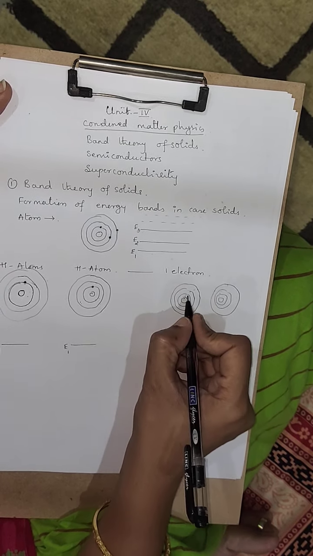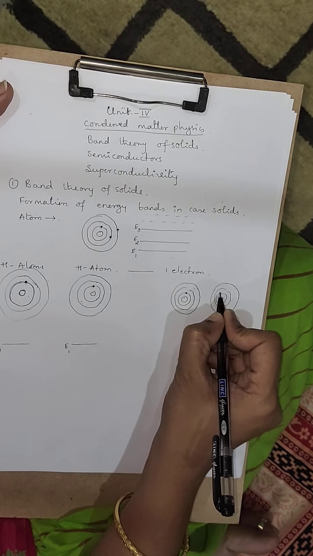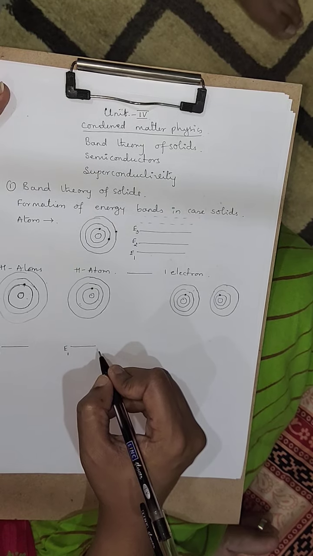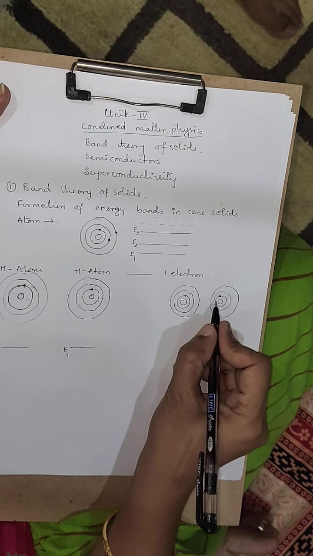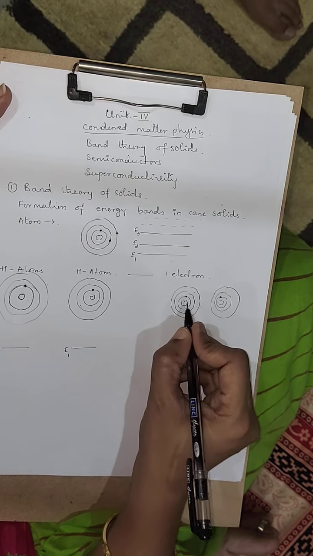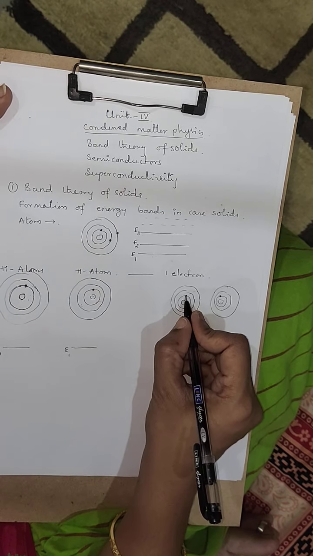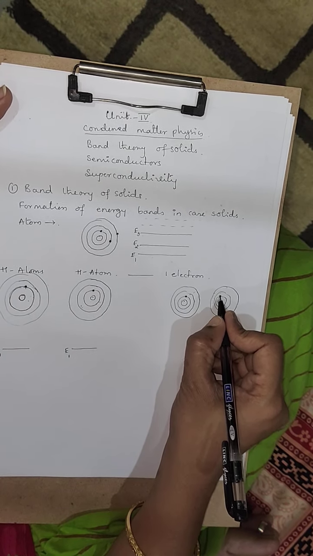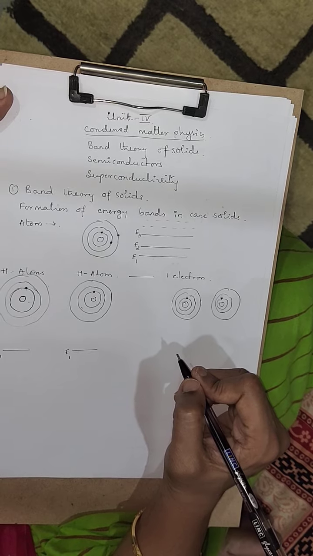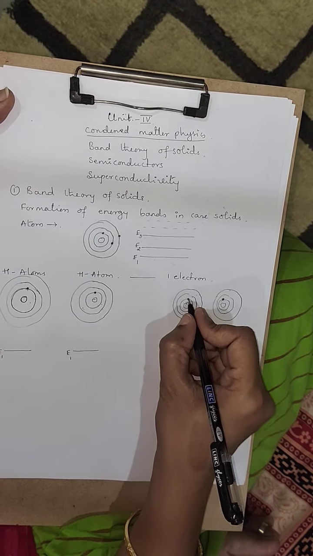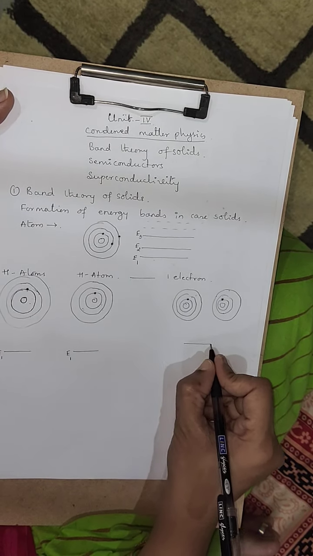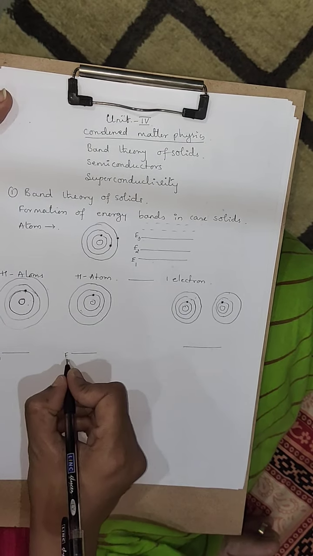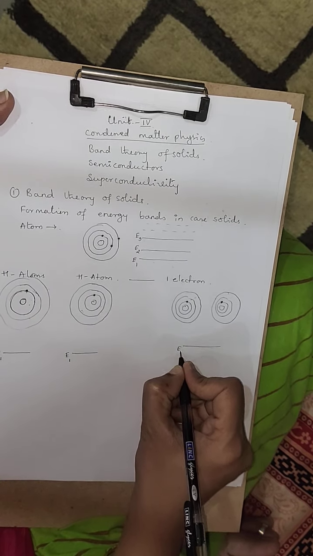For example, let us consider the electrons in the innermost orbits interacting with each other. The interaction is such that one of the electrons reduces its energy and the other electron increases its energy. So how can we show this? The energy of the first electron is reduced; it was E1, let's take this as E1 dash.